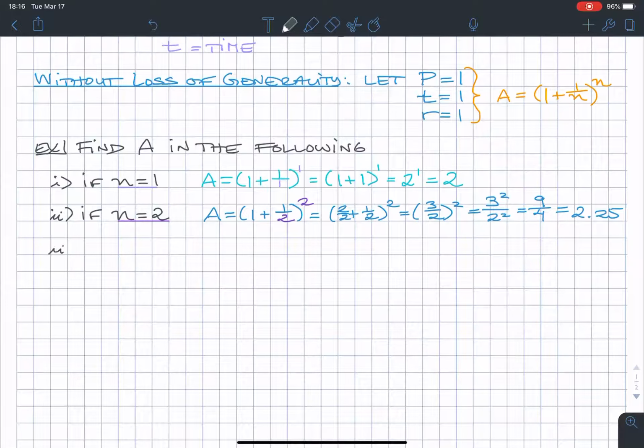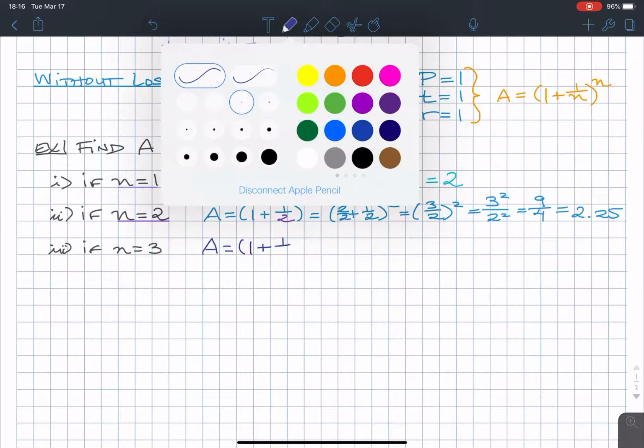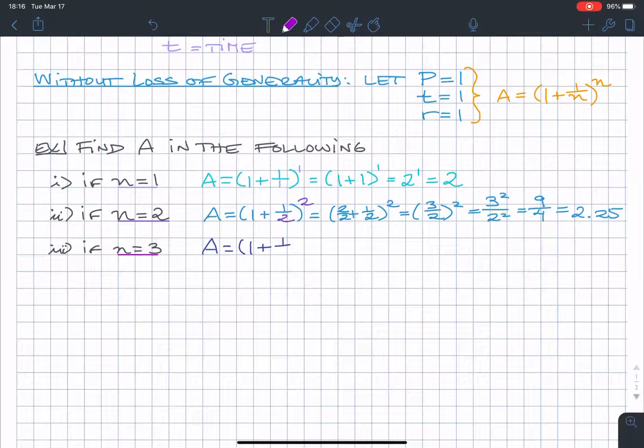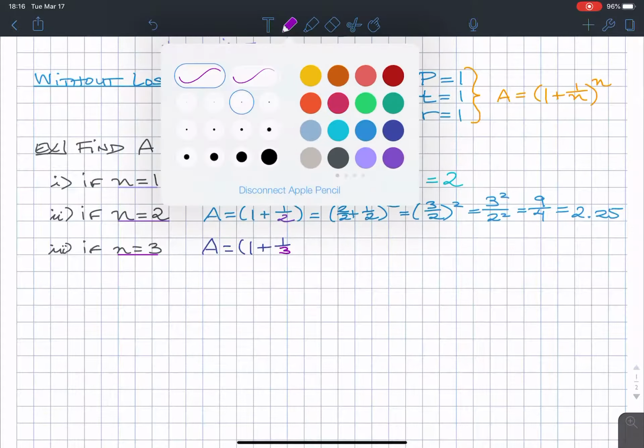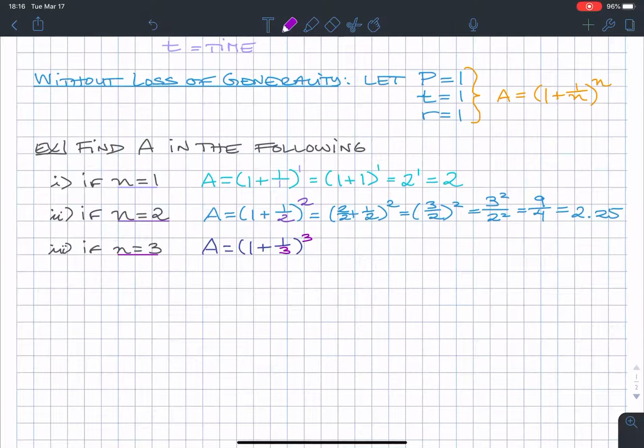Okay, let's go on to number 3, where n is equal to 3. In this case, the amount will be 1 plus 1 over 3, all raised to the third power. Inside the parentheses, 1 is the same as 3/3. So I have 3 plus 1 over 3, all raised to the third power, which is 4 over 3.